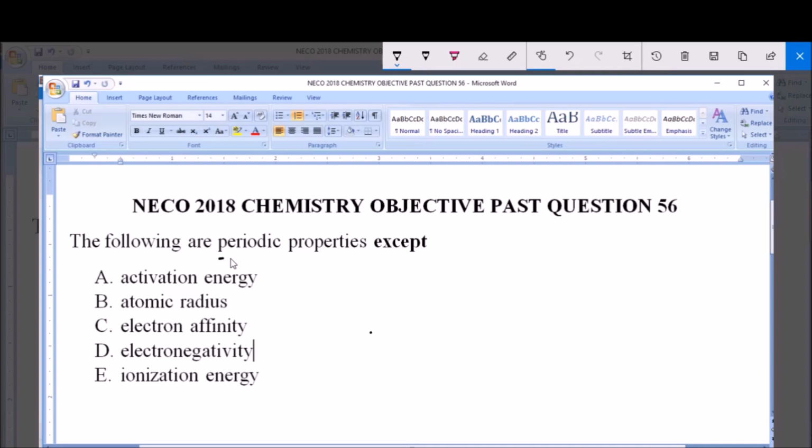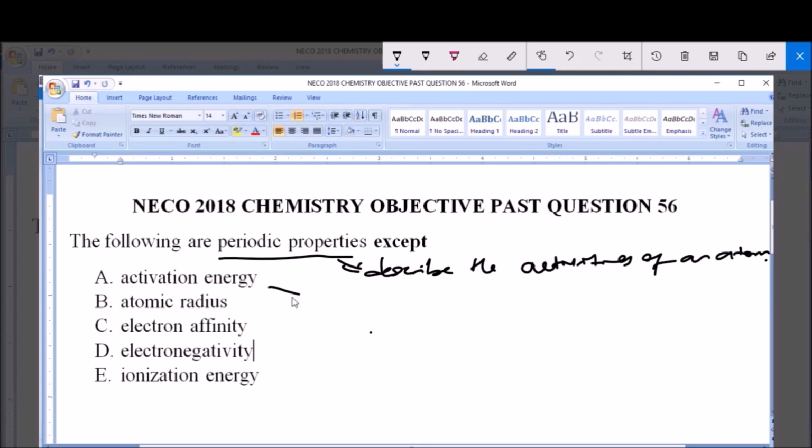Like we know, periodic properties describe the activities of an atom, of an element. Now, let's briefly look at all these options. Option A says activation energy.